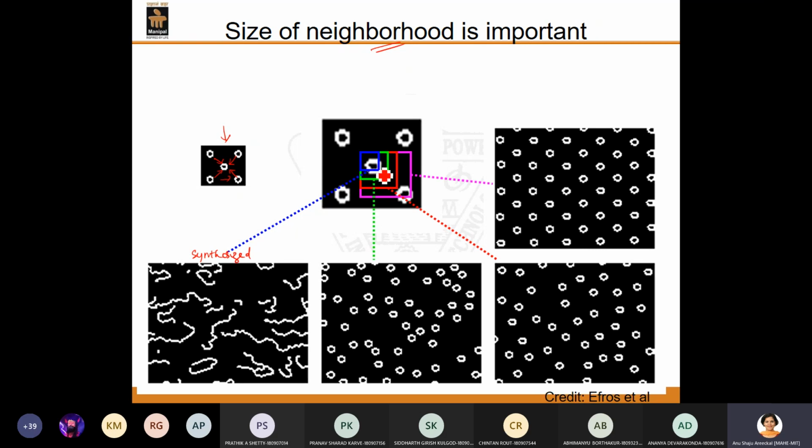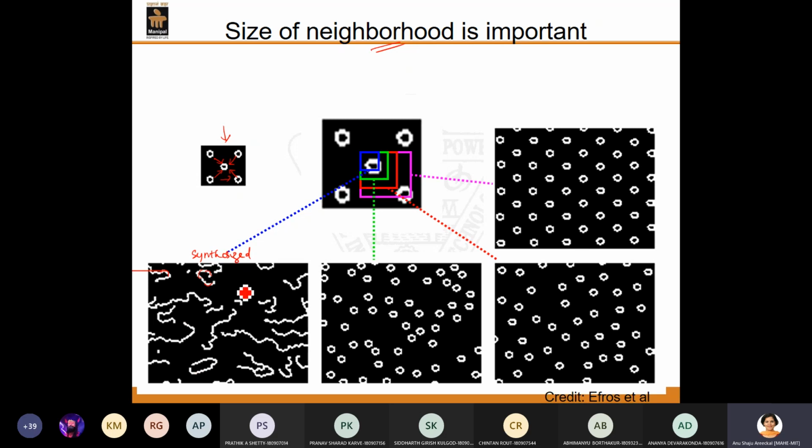So if you use this particular neighborhood to create the synthesized image, since the whole circular pattern is not captured within the neighborhood, it will try to create only such regions. You have only this semicircular kind of region, so only these kinds of regions would be created in the synthesized image, and that is why you get a synthesized image which looks like this.